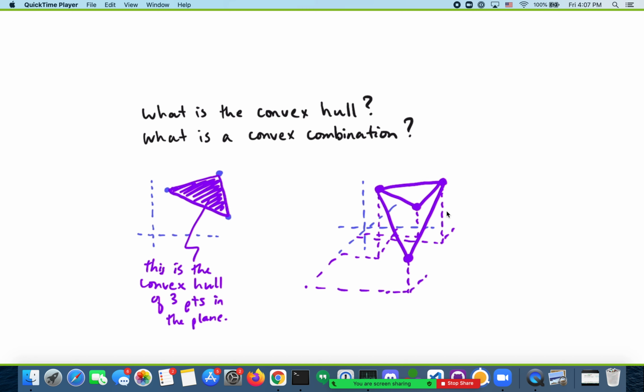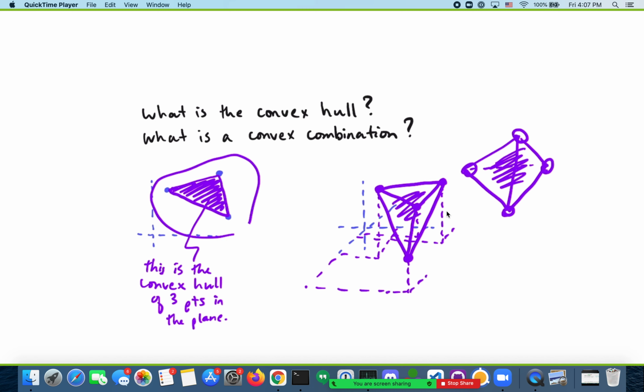It's actually a 3-dimensional object, like a tetrahedron. Maybe I can draw it better like that. So the 4 points were the vertices, and the convex hull is the tetrahedron. In the plane, it's like if you took a rubber band and shrunk it, keeping those points fixed, then the rubber band would shrink to find the convex hull. So intuitively, that's what it is.